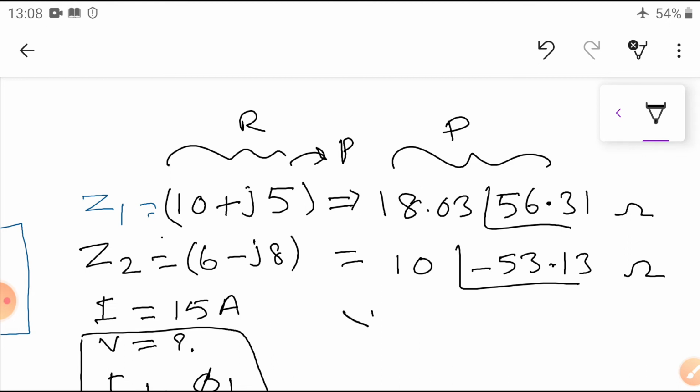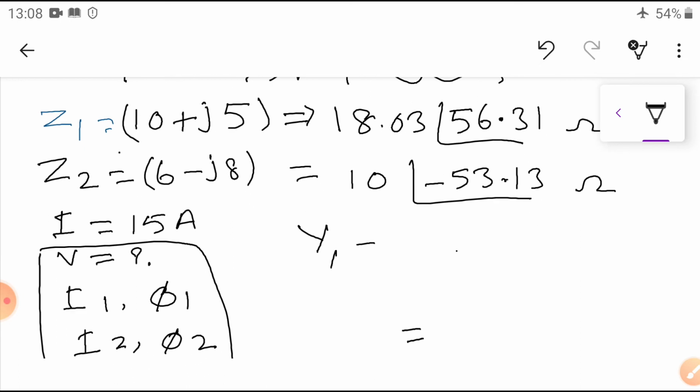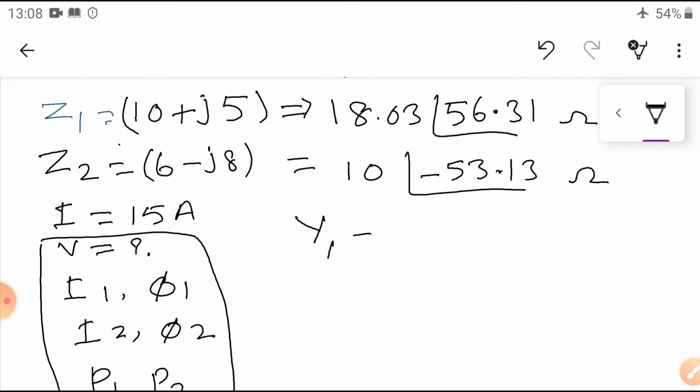Next, it is better to do this with the admittance method for parallel circuits. Admittance is the reciprocal of impedance, Y1 equals 1 by Z1.